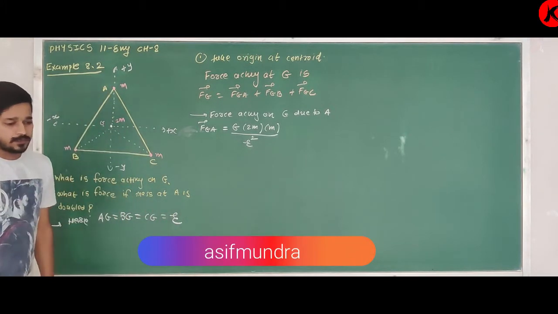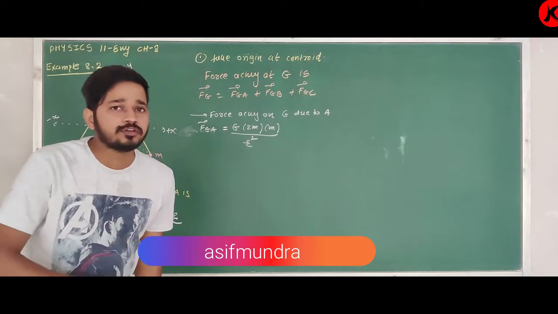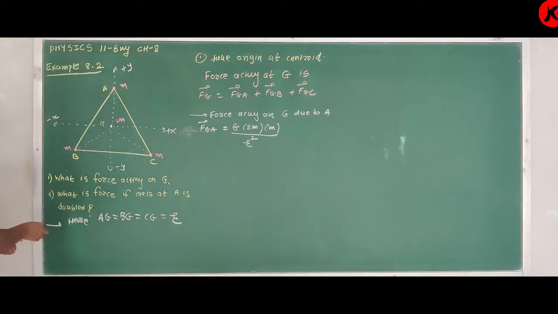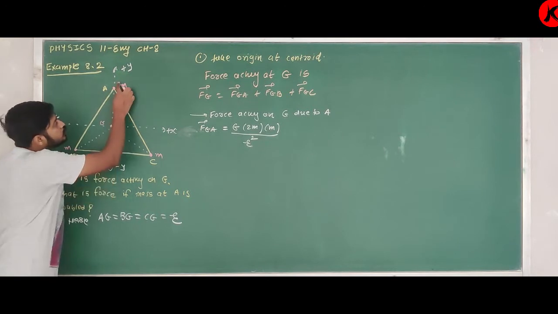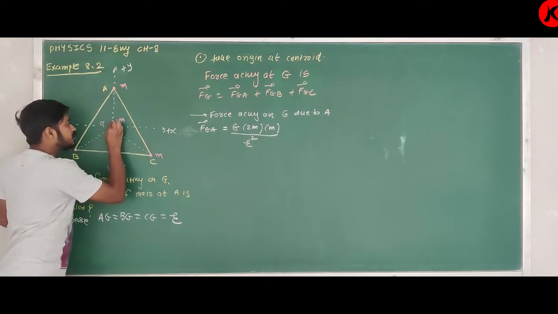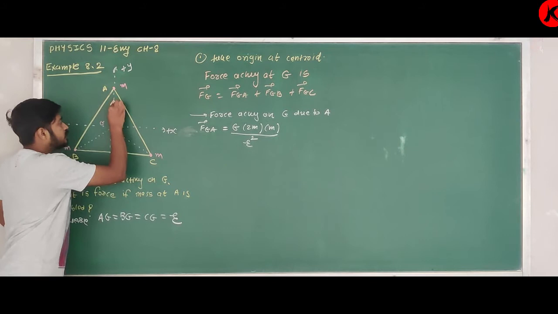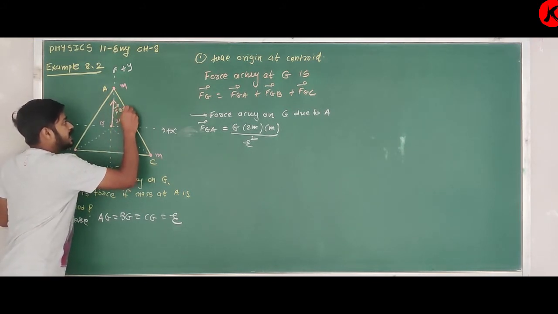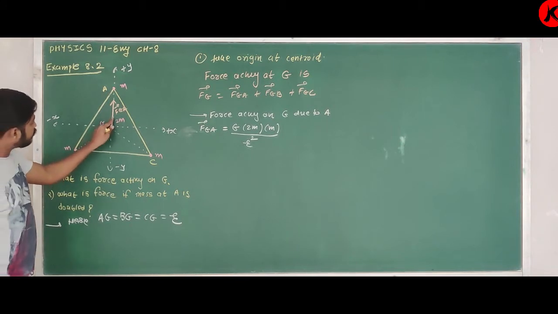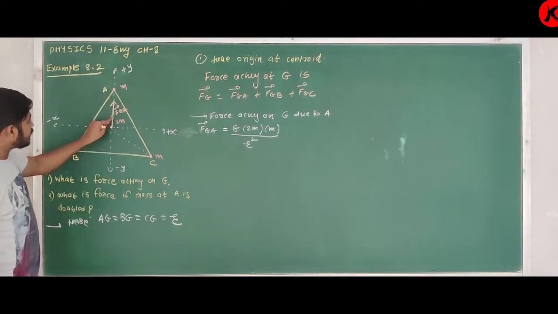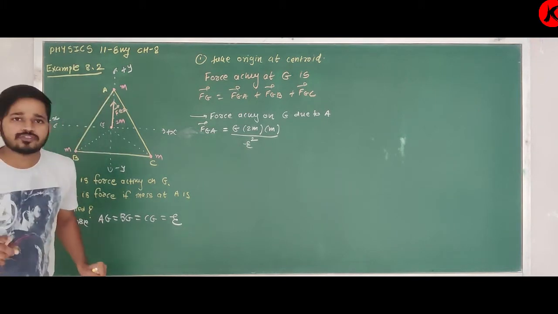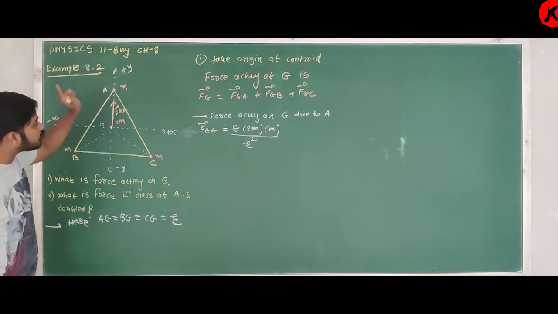Now direction. This one is important. Gravitational force is an attractive force. So the force acting on G due to A is attractive, meaning towards A. This FGA is along the positive y direction.